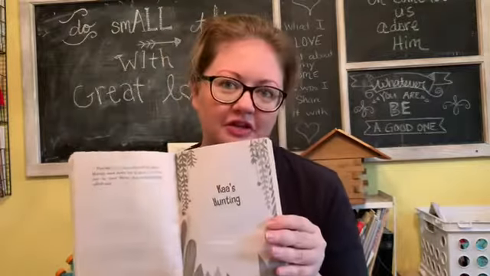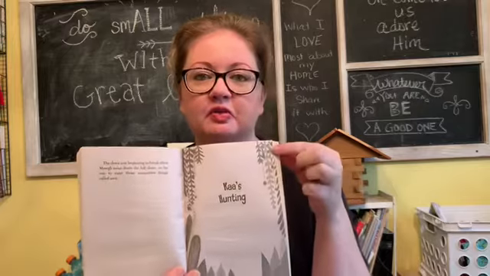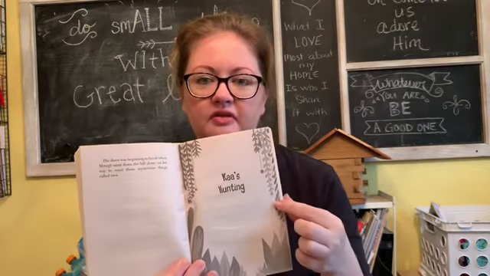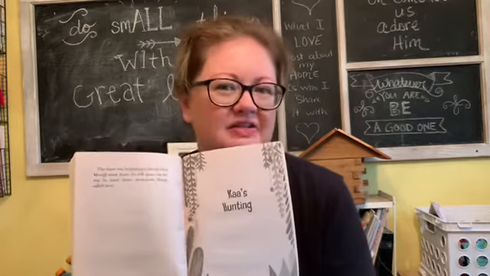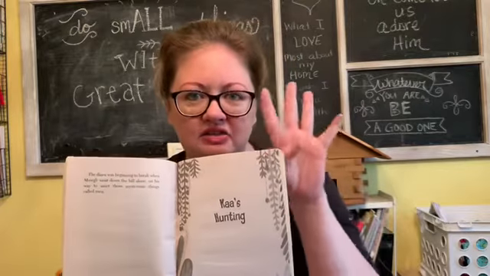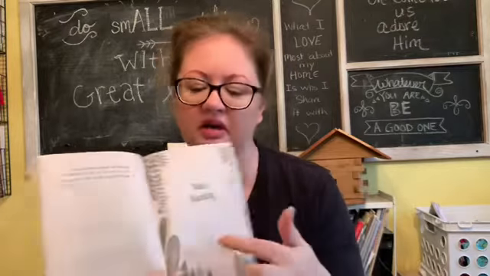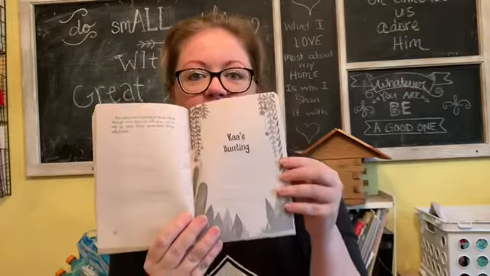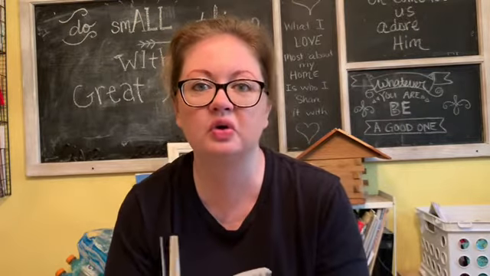I'm not sure if that's how you pronounce it, but you're going to read the second part of the book. Remember, this isn't really divided into chapters. It's divided into 4 sections. So Cause Hunting, you're going to read that and then answer the corresponding pages in your packet that I sent home. So just be keeping up with that. It's not something you have to turn in until you are completely finished with the book, okay?